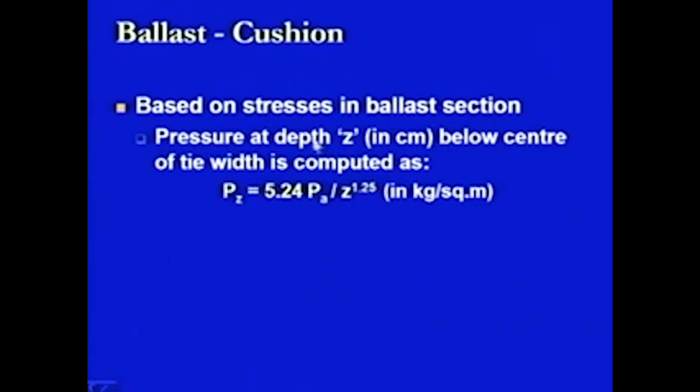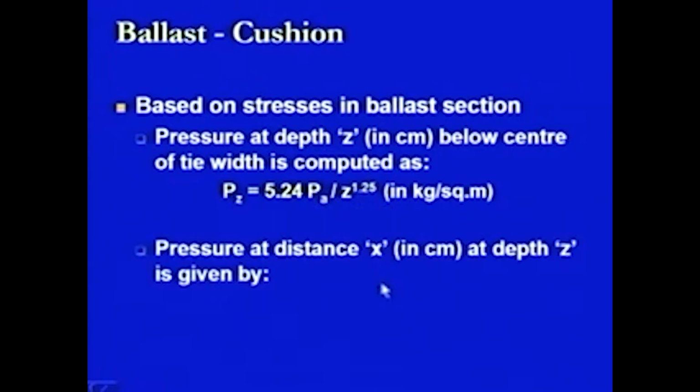Now, here z is the depth in centimeters, as we have seen in the diagram 2, whereas the pressure at distance x in centimeters at depth z is given by P x is equal to 0.48 P A divided by z, and this is multiplied with 10 raised to the power minus 2.06 multiplied by the square of x divided by z, where z is again the depth in centimeters and x is the distance from that depth z in centimeters.